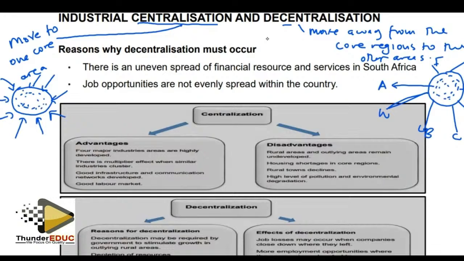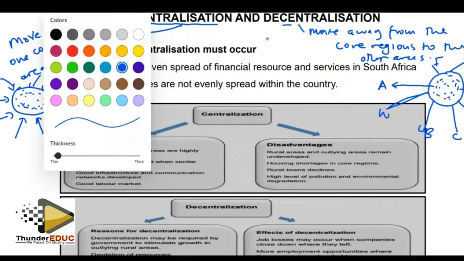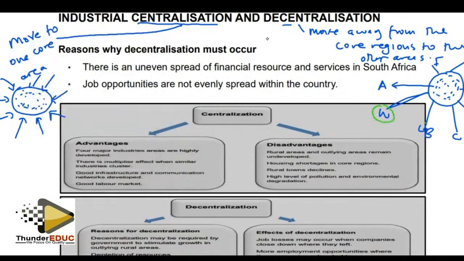That is why, if you come to this other side for industrial decentralization, if industries are moving to such places, it means there will be job distribution in so many places instead of jobs only focusing on this particular point here.